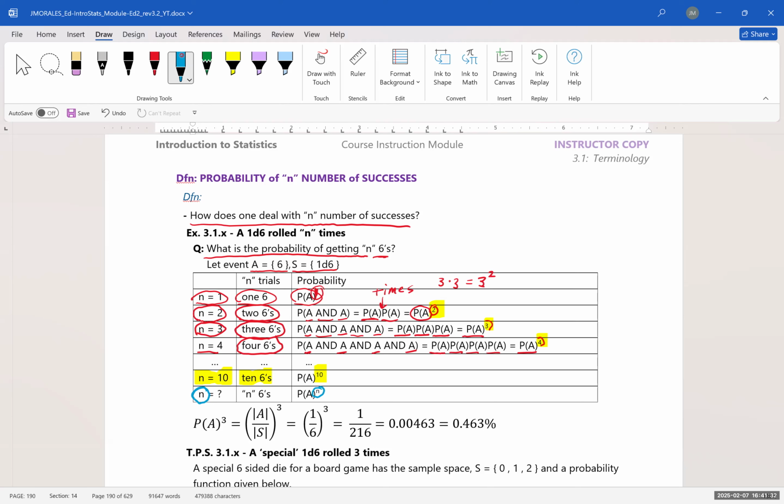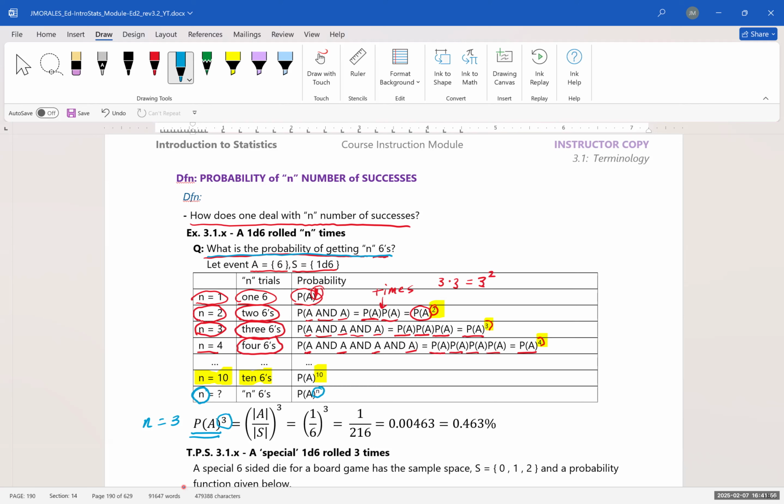So back to our original question: what's the probability of getting a certain number of sixes? Let's say we were going to roll the dice three times, and we wanted to know the probability of getting three sixes with three die rolls. That would be the probability of getting a six to the third power.